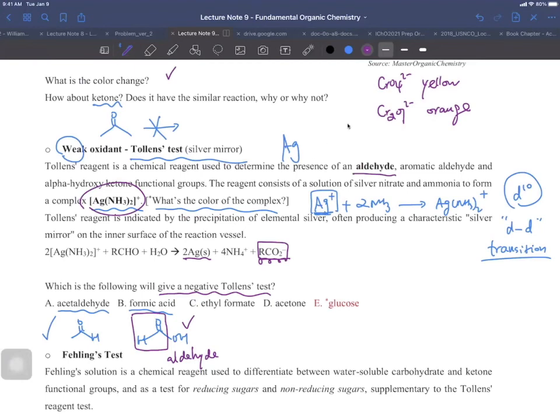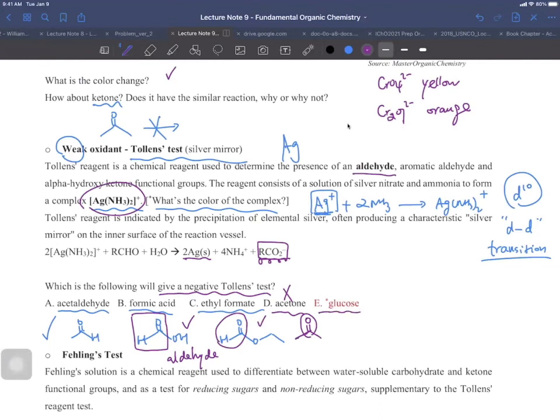The next one is ethyl formate. Ethyl formate is an ester. Formate is the 1 carbon acid. So it's like this. Similarly, we can also see the aldehyde group. So this one is also positive. And finally, acetone. Acetone has 3 carbons, no aldehyde group. So this one will not give a positive test. So I think this is the answer.